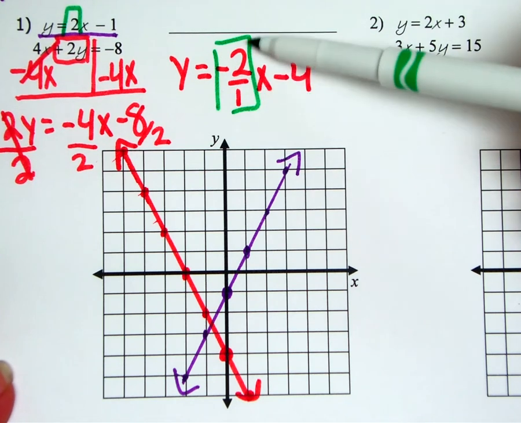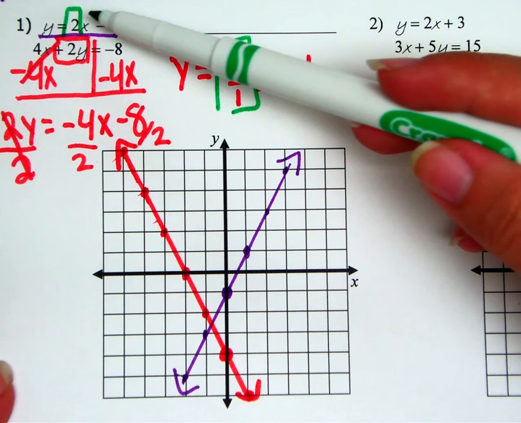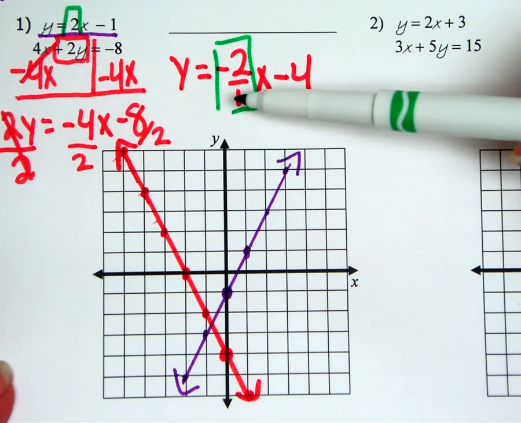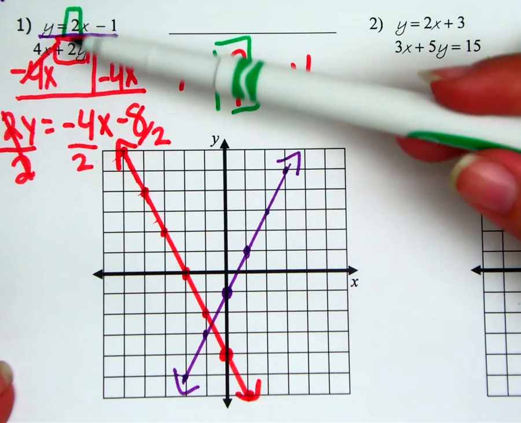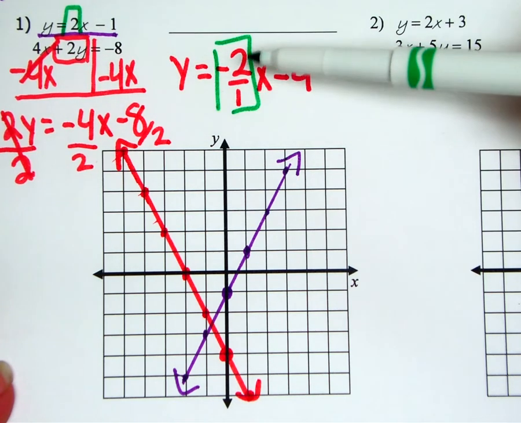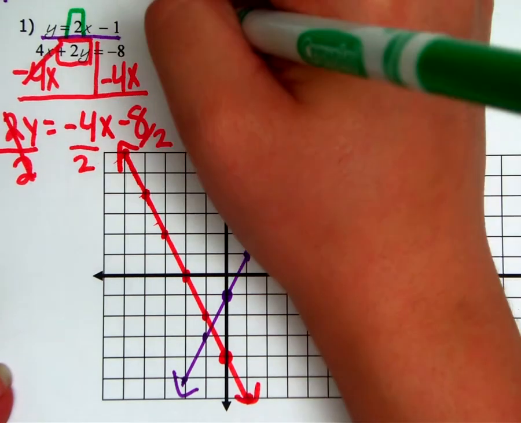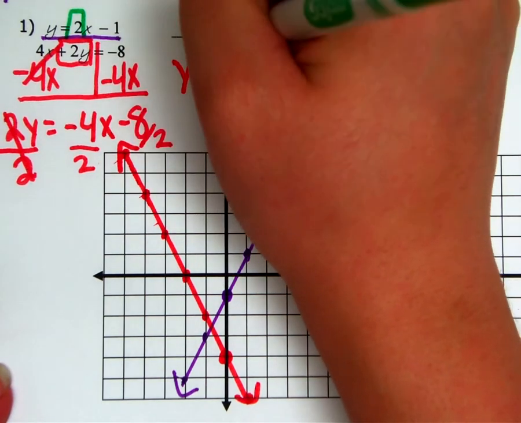You flip the slope, the fraction, and you change the signs. Well, we went from a positive to a negative, but we did not flip it. If this was 2, this would have to be a 1 over 2. Which it's not. So the correct answer for this is oblique.